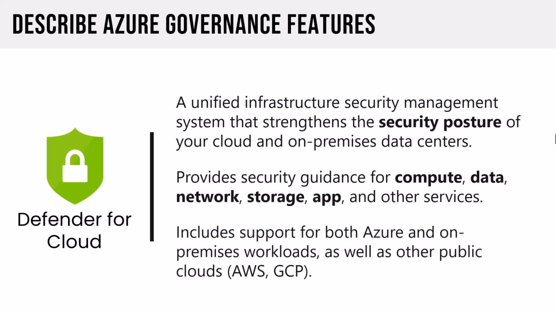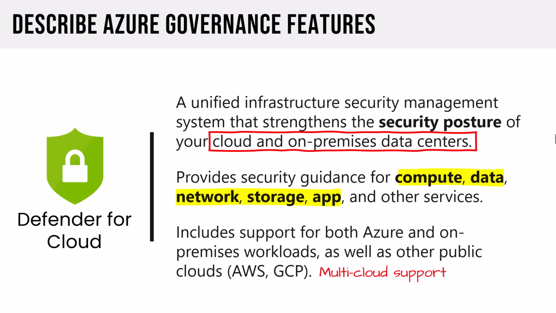And it includes support for both Azure and on-premises workloads, as I mentioned, but also other public clouds like AWS and Google Cloud Platform. So the key takeaways here in terms of infrastructure and support: cloud and on-prem data centers, compute, data, network, storage, and app, and it is multi-cloud capable.